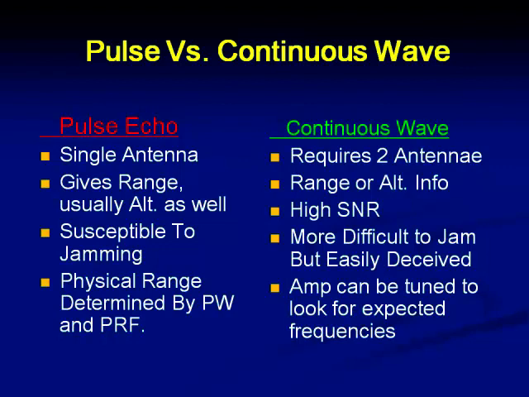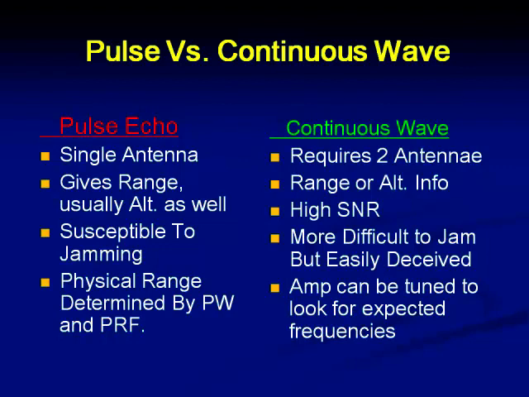So two separate antennas will be a must. The pulse radar gives range information, usually altitude also. This also can give range as well as altitude, and this requires a high SNR.